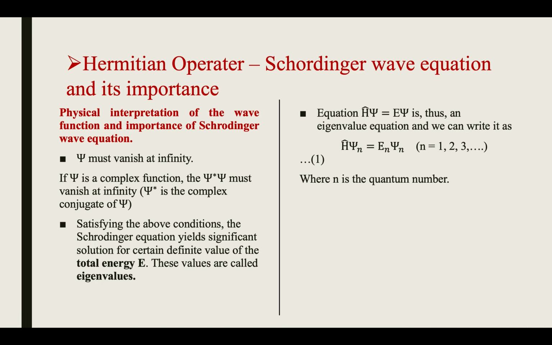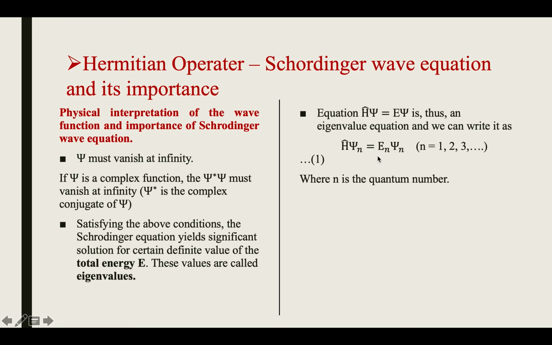So the equation H psi equal to E psi is thus an eigenvalue equation, and we can write it as H cap psi n equal to E n psi n, where n equal to 1, 2, 3 and so on. Here n is the quantum number.